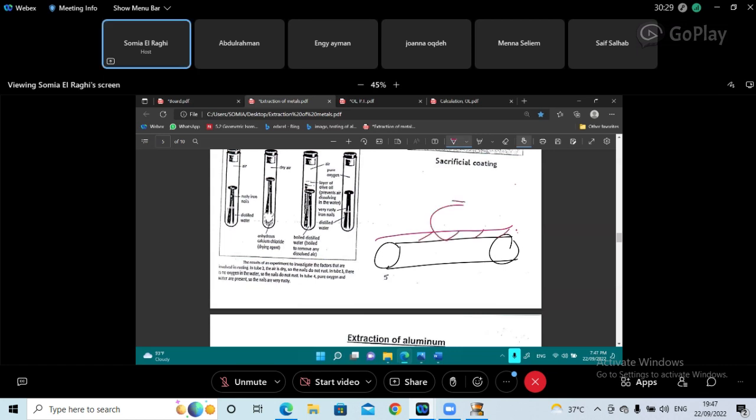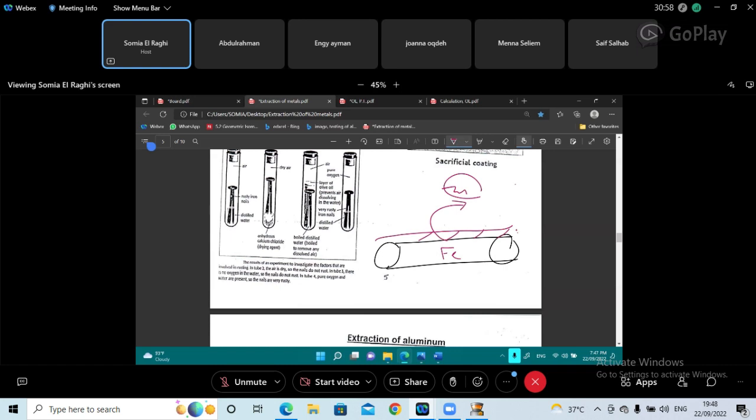The more reactive metal we use is zinc or magnesium. We just check reactivity here. This is the main concept: I have a metal more reactive than our steel or iron. So zinc, most probably, we use more than even magnesium.